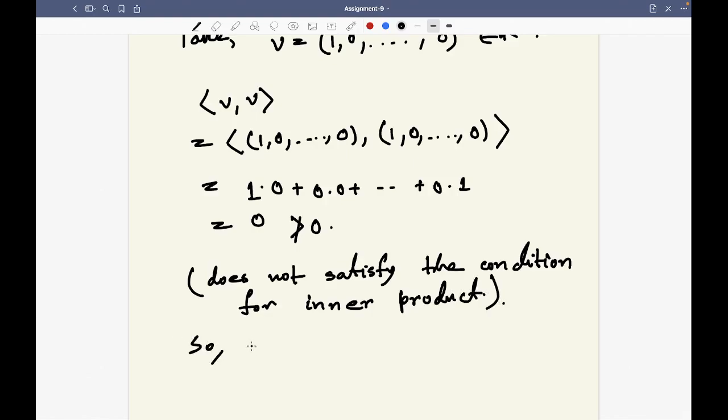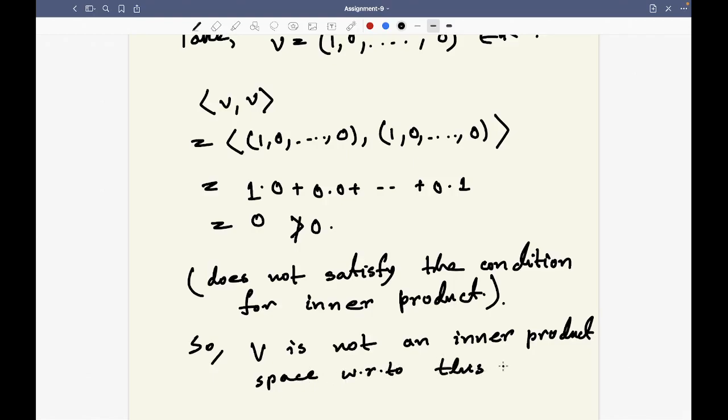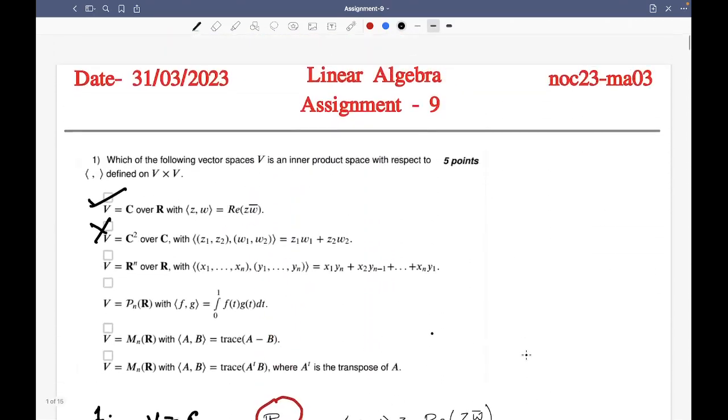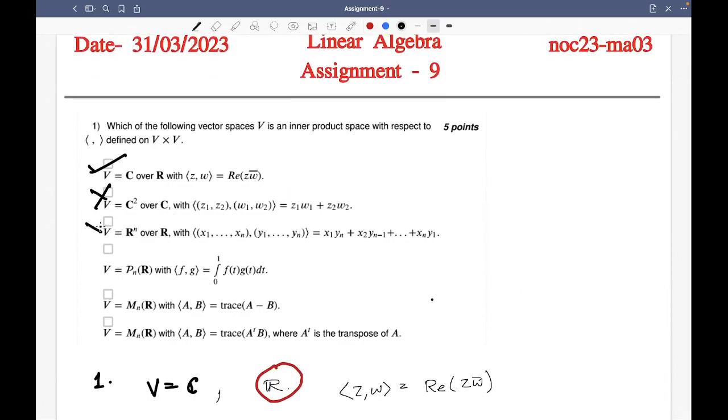So V is not an inner product space with respect to this inner product. So option number 3 is again false.